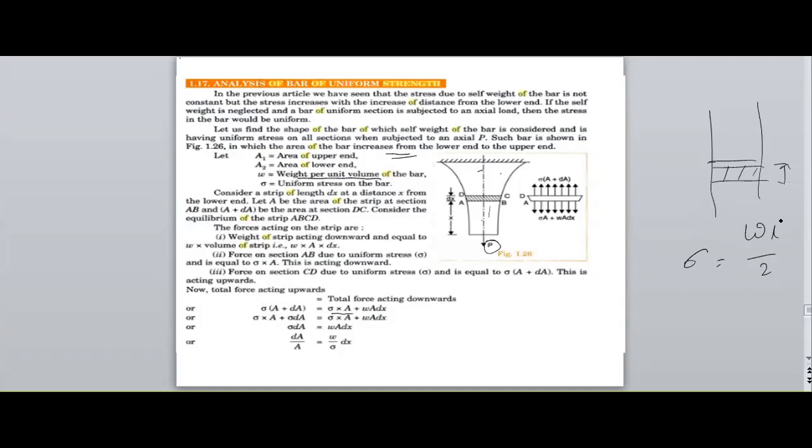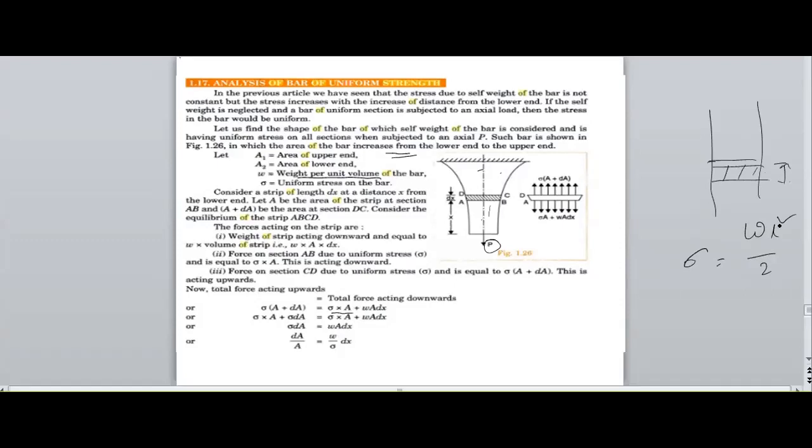So it depends on the length of the rod. Therefore, here the length is also a parameter for its self-weight. If I increase the length, the stress also will be increased.